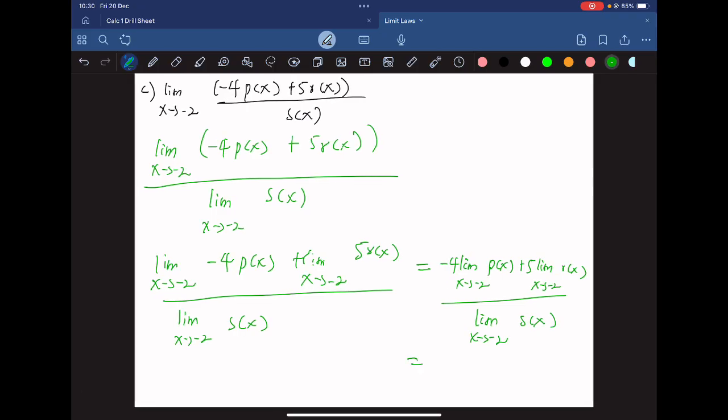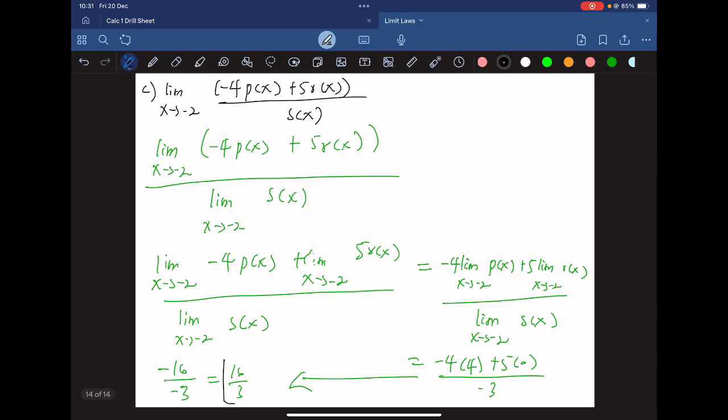Using the condition, we know that the limit of p of x is equal to 4, r of x is equal to 0, and s of x is equal to negative 3. So that is negative 16 over negative 3. So this is 16 over 3, and that will be your answer.